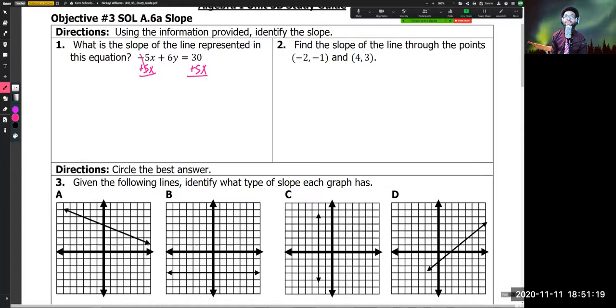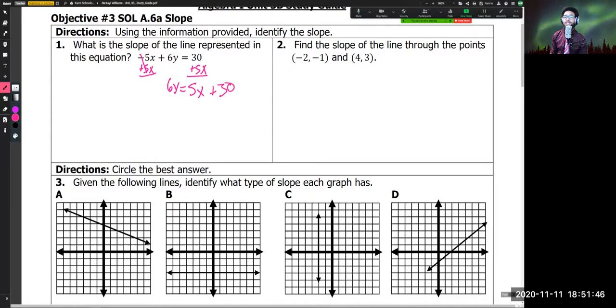Negative 5x plus 5x goes to 0, and what I'm left with is 6y equals, now we have 30 plus 5x. These two things are not like terms, so I won't have 6y equals 35x, because we can't combine them. So this will be 6y equals 5x plus 30.